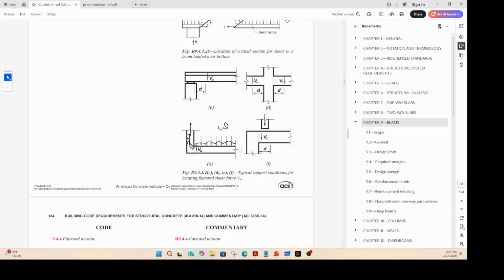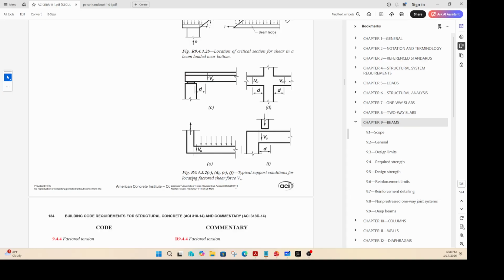So when the loading causes tension in the support like that, that is when you take the critical section not at D from the face of the support, but at the face of the support. So when you design this beam, your shear should be calculated at that location and not D from the face of the support.